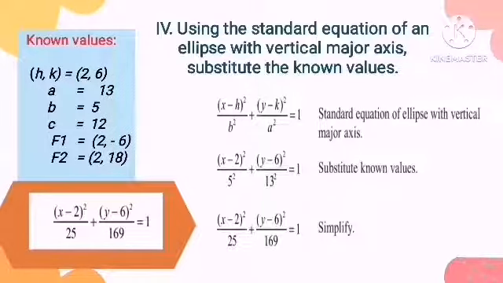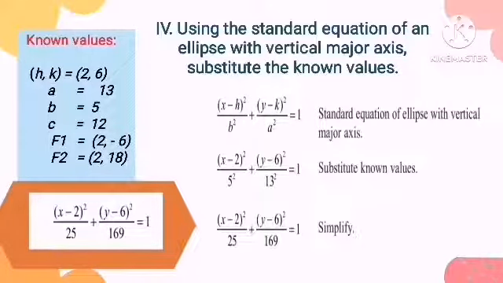So now after substituting, we get the quantity of x minus 2 squared over 5 squared plus the quantity of y minus 6 squared over 13 squared equals 1. And now we simplify it to get the standard equation. And then we get the quantity of x minus 2 squared over 25 plus the quantity of y minus 6 squared over 169 equals 1.